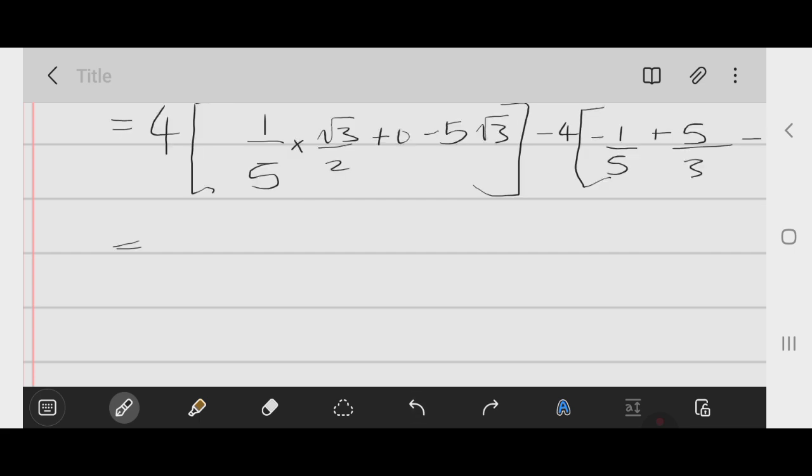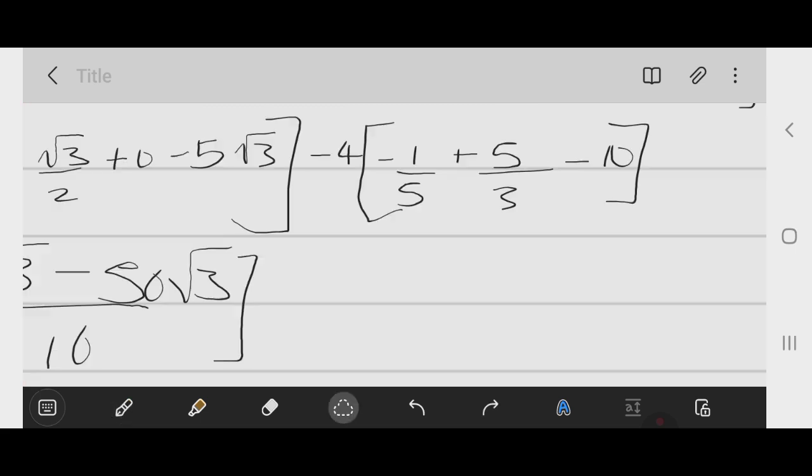The left hand gave me 4 multiplying root 3 minus 50 root 3 all divided by 10. And the right gave me 512 over 15.